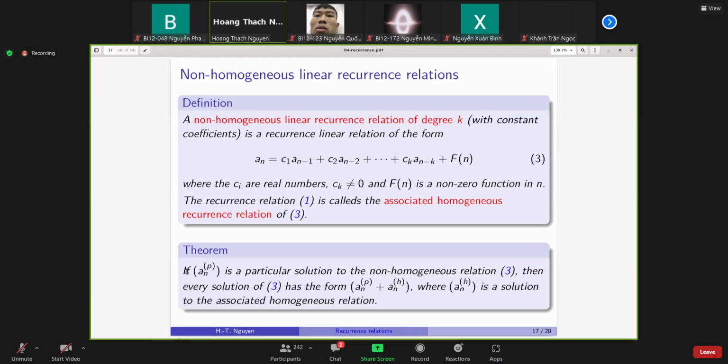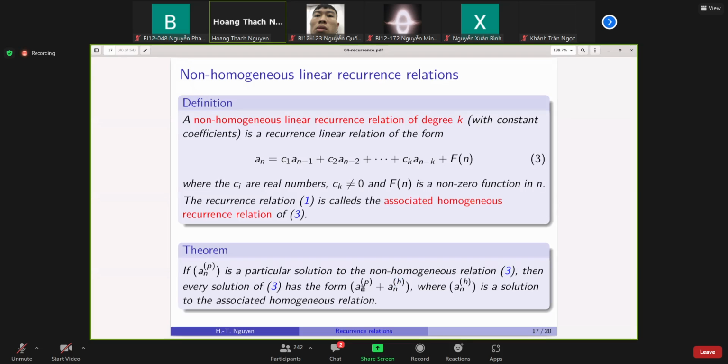Okay, so here the idea is that if you know a particular solution to this non-homogeneous relation 3, then any combination of this particular solution and a solution to the homogeneous one, here H is for homogeneous, works.